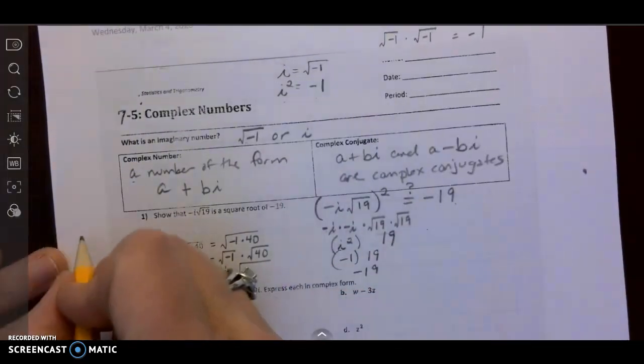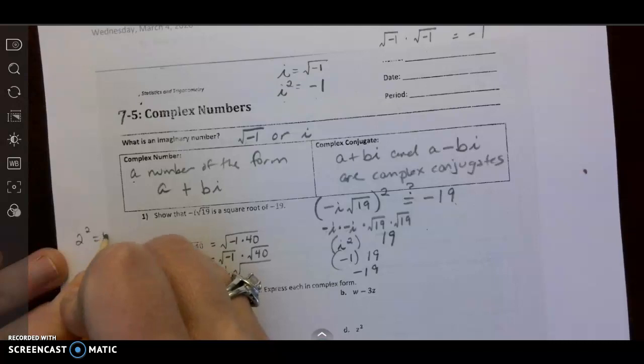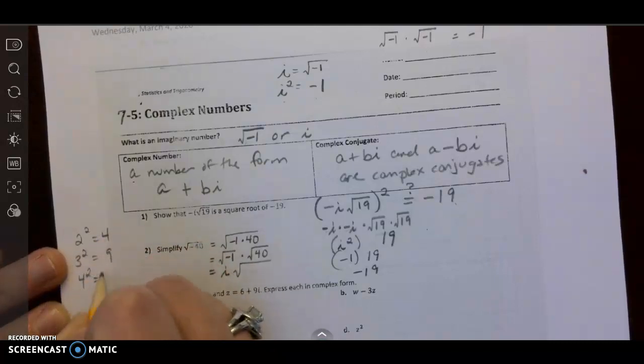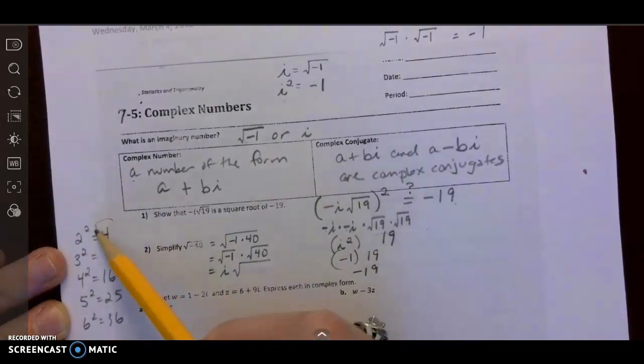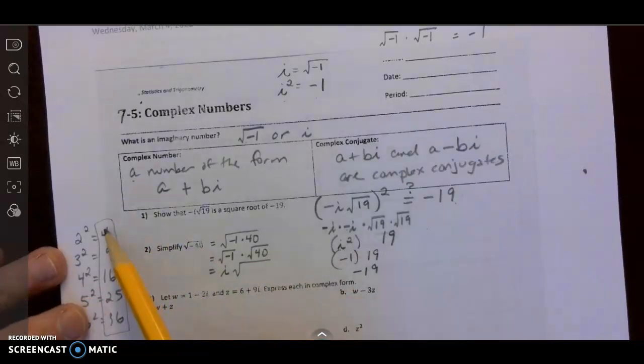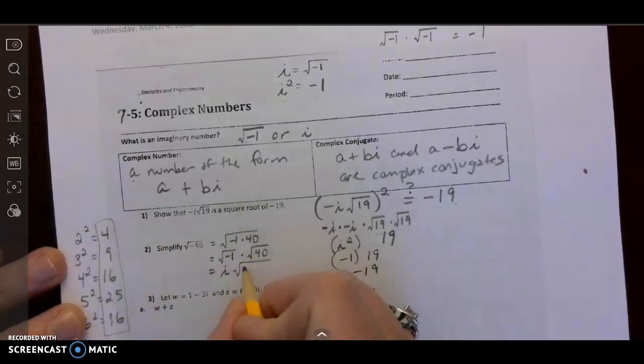I think about my perfect squares. 2 squared is 4, 3 squared is 9, 4 squared is 16, 5 squared is 25, 6 squared is 36. Is 40 divisible by any of those? Well, yep, by 4. So that becomes 4 times 10.